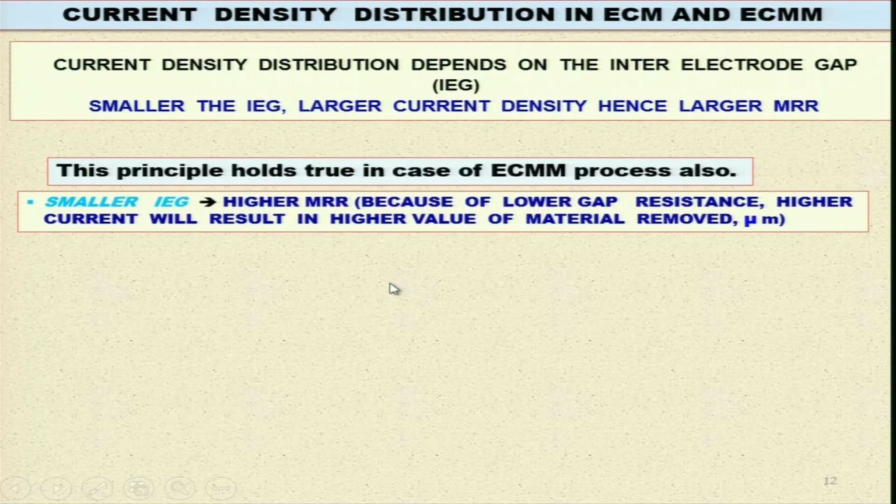A smaller inter-electrode gap will lead to higher material removal rate because of lower gap resistance. Lower gap resistance, higher current will result in higher value of material removed in terms of micrometer, that is the thickness of the material removed, or it may be in micrometer cube, that is the volume of the material removed.